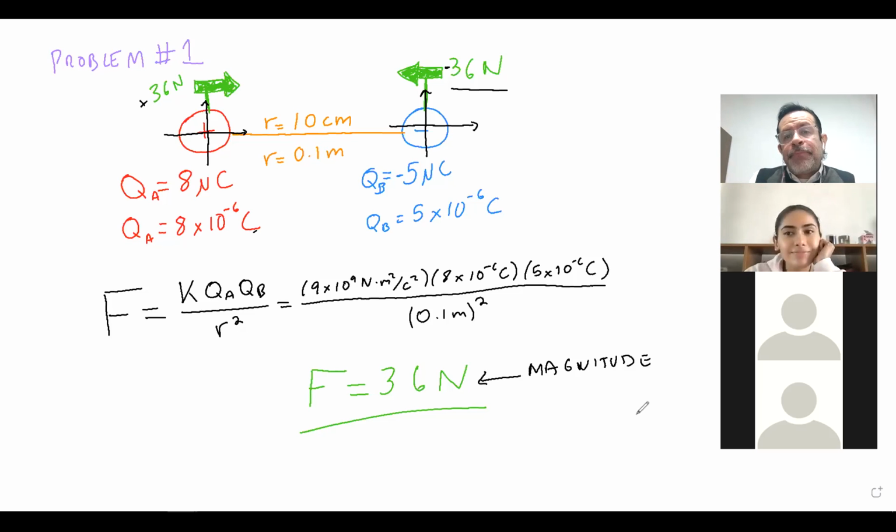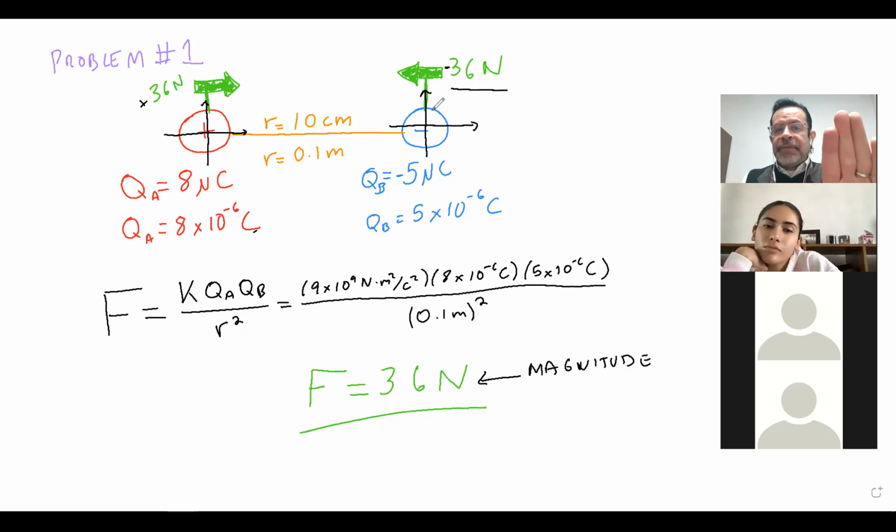So if I position myself here on the negative one, it's going to be going to the left. And if I position myself on the positive one, it's going to be going to the right. Now, if I put my free body diagram on the negative charge, that means forget about the positive one.